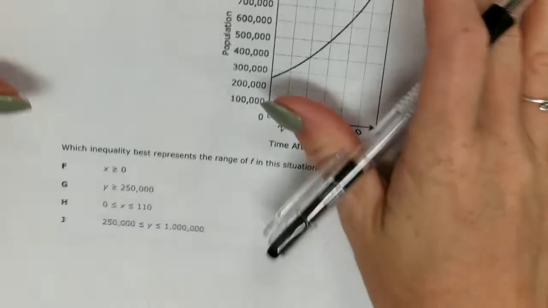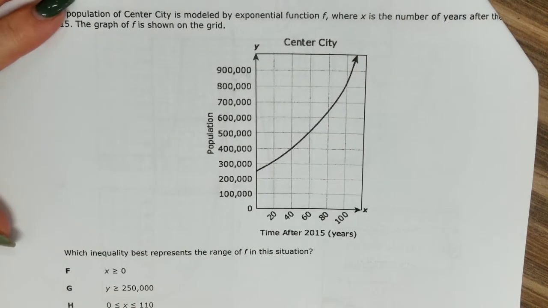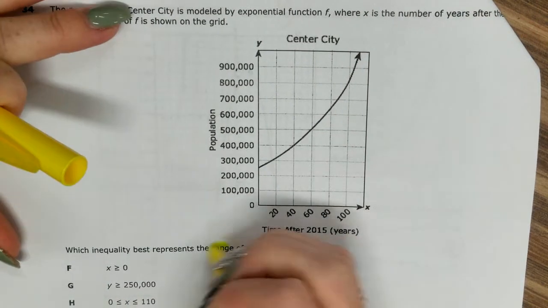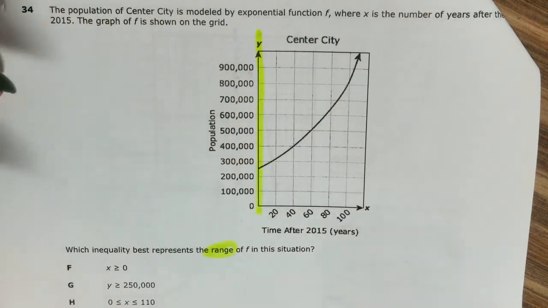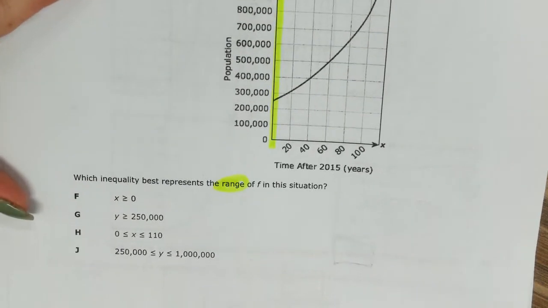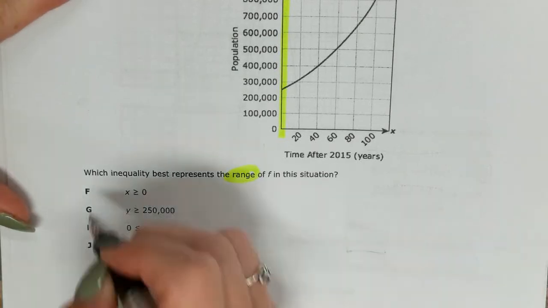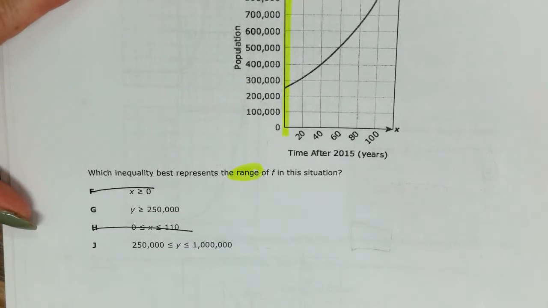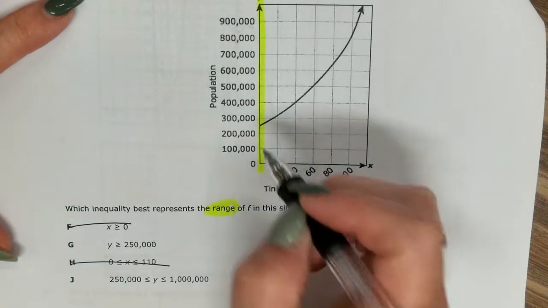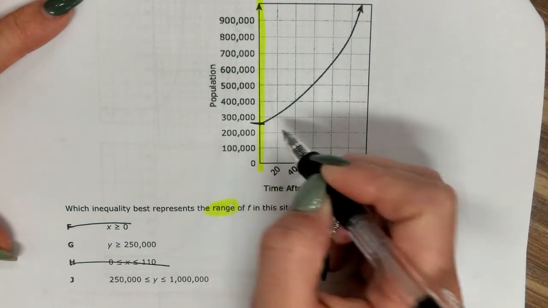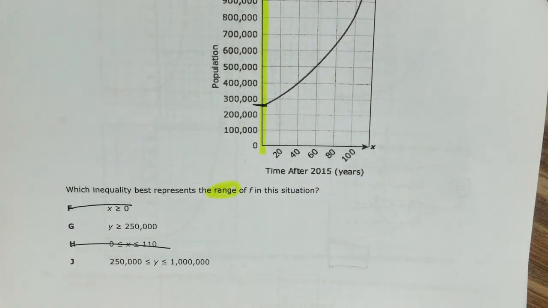Number 34, what was the clue word? Range. Okay, so what should I have highlighted? And is there any answer I could mark off because it is not about the range? F and H. So now I'm going to look at the lowest point on the y-axis, and it's hitting right here between 200,000 and 300,000, which is probably what? 250,000.